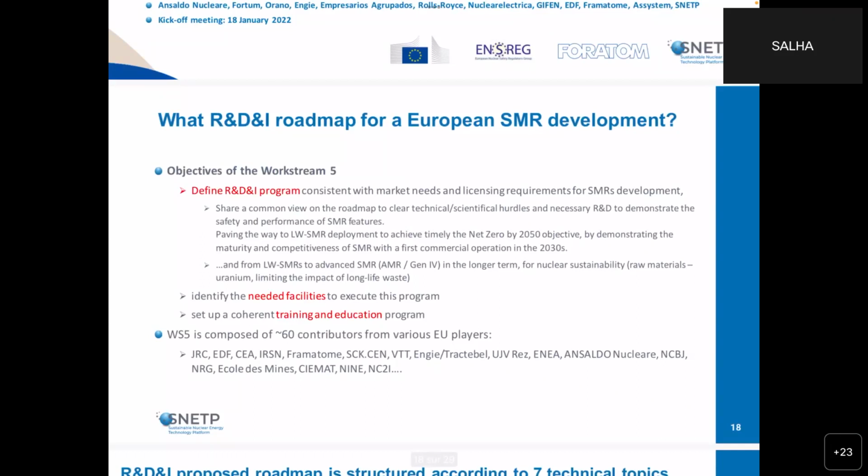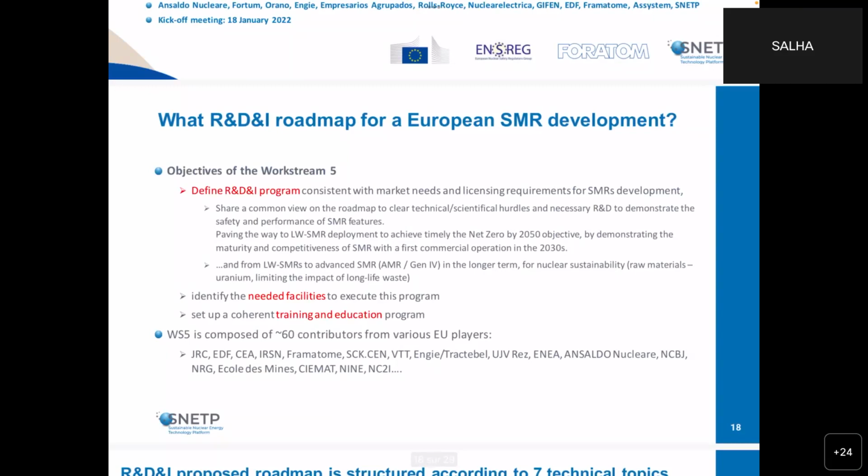The second item we have to work on is the needed facilities to execute this program. So you know that nuclear technology needs to be proven before being implemented, and so that means that we need specific facilities in that aspect. You also probably know that in Europe the number of research facilities is not so big and they are aging, and so we need to find a way to optimize the way to use them.